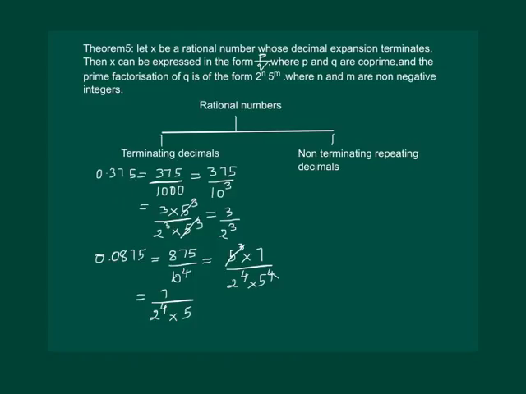In both these numbers, it appears that we have converted a real number whose decimal expansion terminated into rational numbers of the form p by q, where p and q are co-primes, that is, they do not have any other common factor other than 1, and the prime factorization of the denominator has only power of 2 or power of 5 or both.